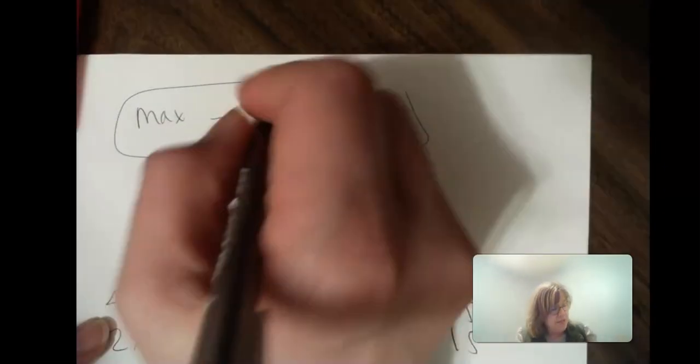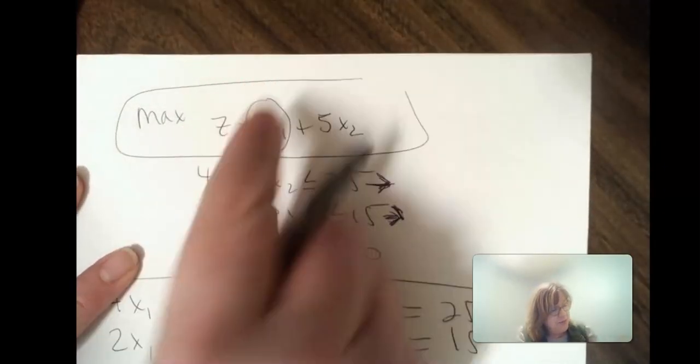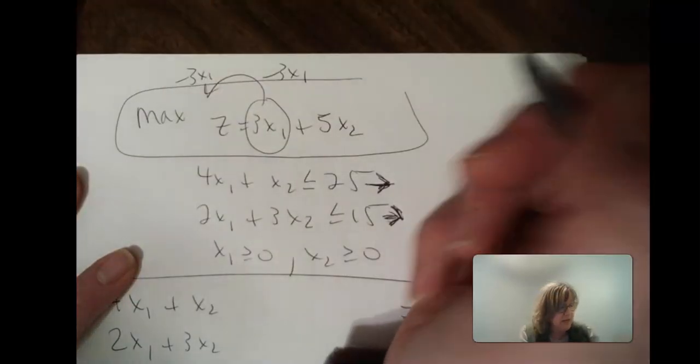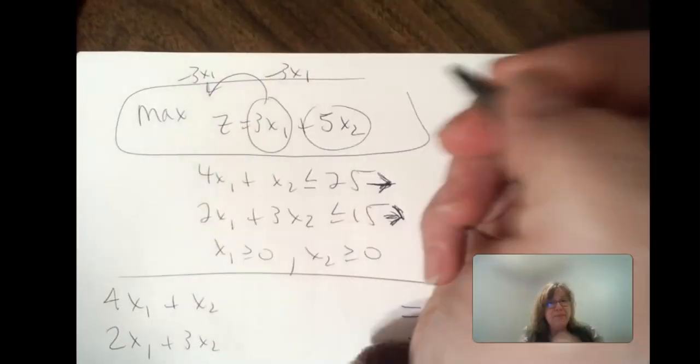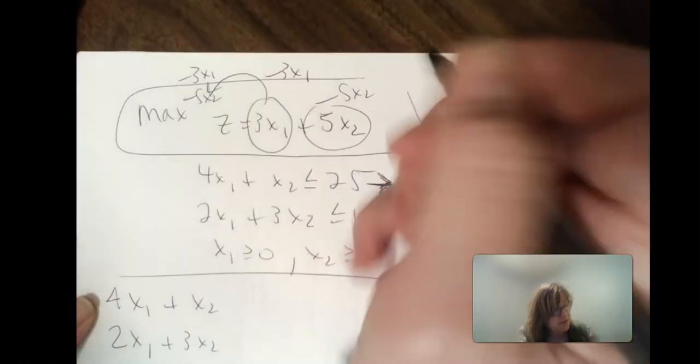Then at the top, you take your z, and the 3x1 that's on the right, you are going to bring it to the left side. And the way we do that is we subtract it from both sides. So I'm going to subtract 3x1, or use a negative 3x1. To get rid of the positive 5x2, I'm going to subtract that, both sides.